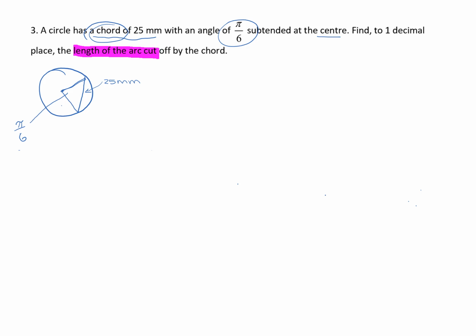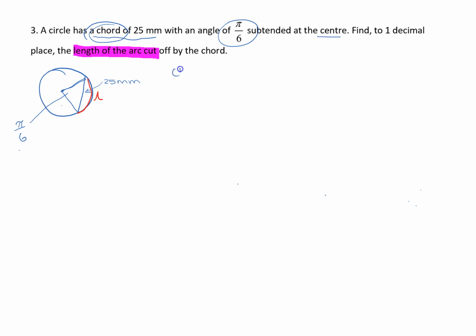Right, so that again is something we're familiar with. The length of the arc that is cut off by the chord is L. So I have to find L, and like I said, that's quite familiar. So, apart from the fact that I've got it on a diagram, let's begin our solution writing this in a more mathematical way.